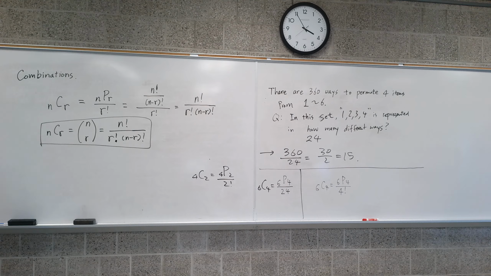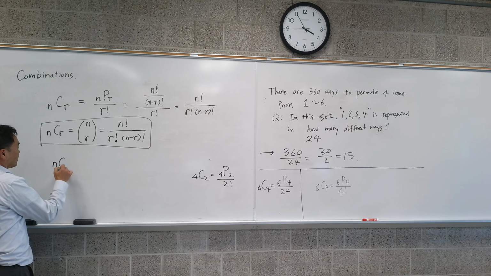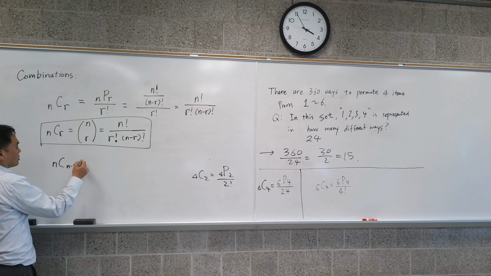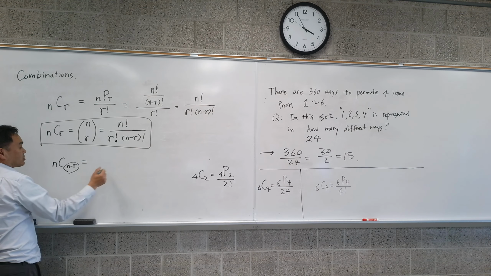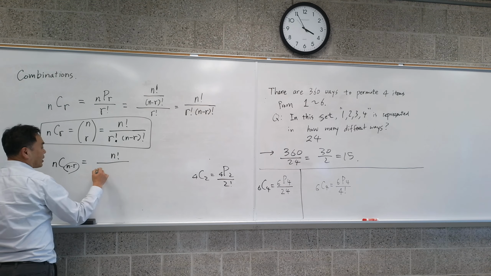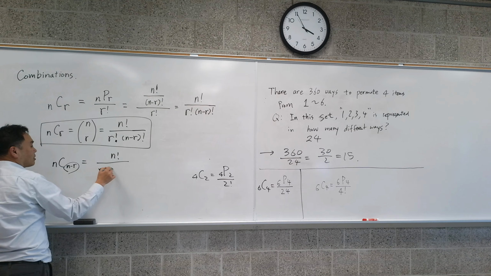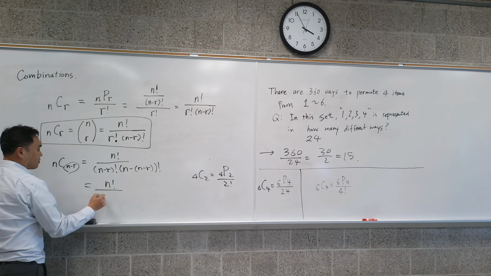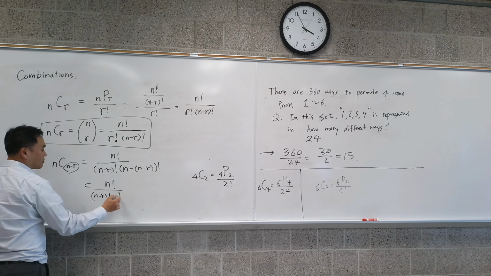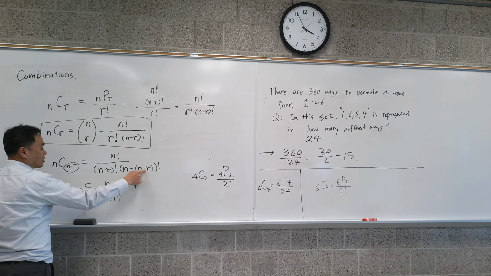Now, one thing you should observe from here is that if you did nC(n minus r), then that means r is replaced by n minus r, so you get n factorial divided by n minus r factorial, and then n minus r factorial, so that you get n factorial over n minus r factorial times r factorial, because n minus (n minus r) is r.